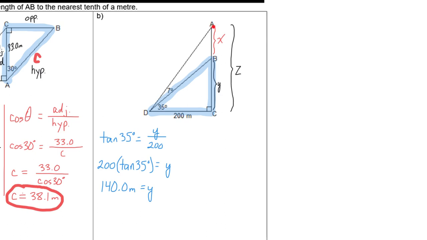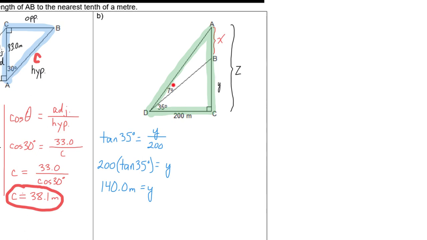Now find what I've labeled as Z, the distance from A to C. It's this big triangle that I've highlighted in green here that we're going to use to solve this problem. Now just be careful because this 35-degree angle is here. This 7-degree angle is here.